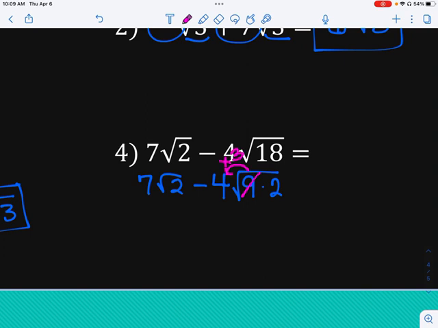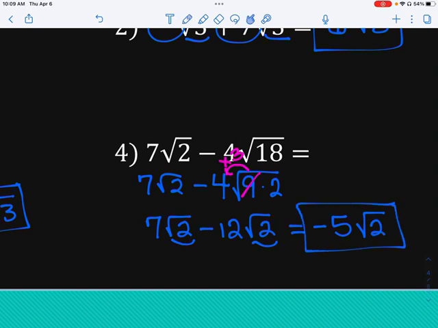So that times that 4 then. So what I really have here is 7 square root of 2 minus 12 square root of 2. So now I have like radicals. So I take 7 minus 12, which gives me negative 5 square root of 2.